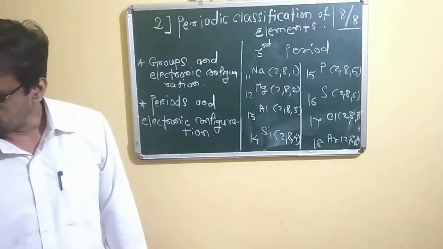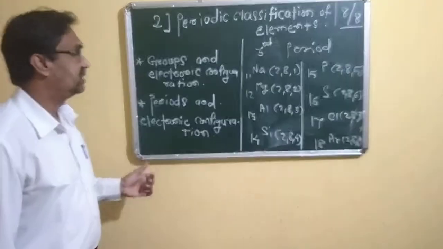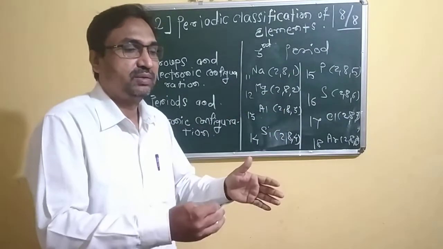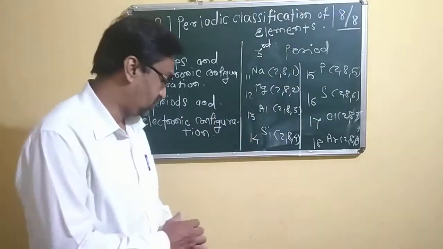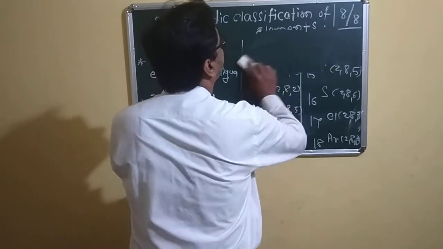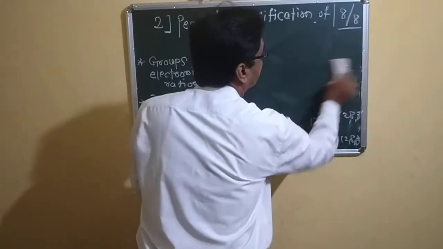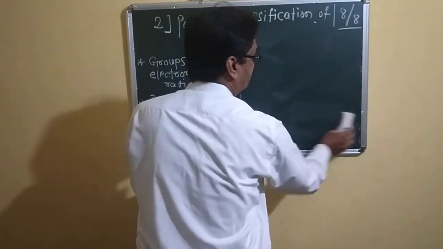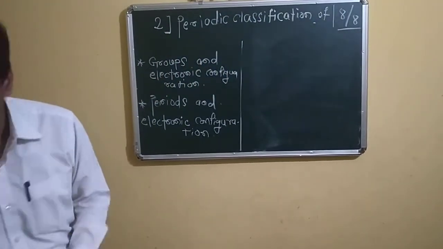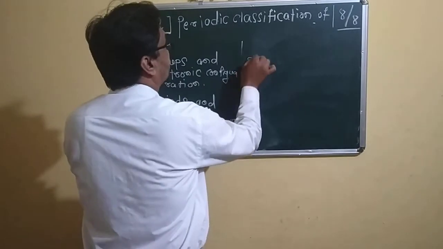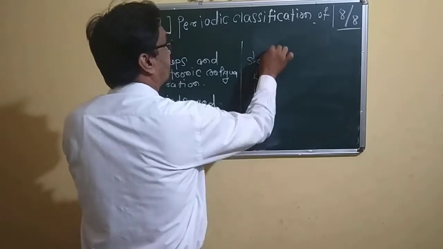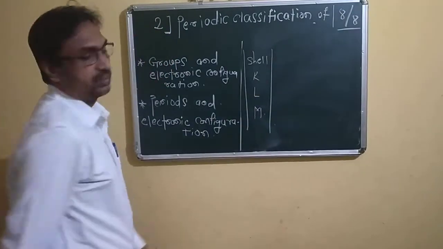Okay. So let us find out how many electrons are accommodated in every shell. We have already studied in the 9th standard that here is the shell, that is K, L, M. Okay.